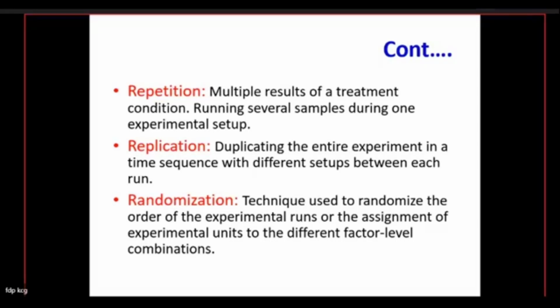Suppose your experimental design has 10 sets of experiments, and you do all 10 sets twice or thrice, it means you have replicated 2 or 3 times. In any authentic data, we have to replicate a minimum of 3 times.